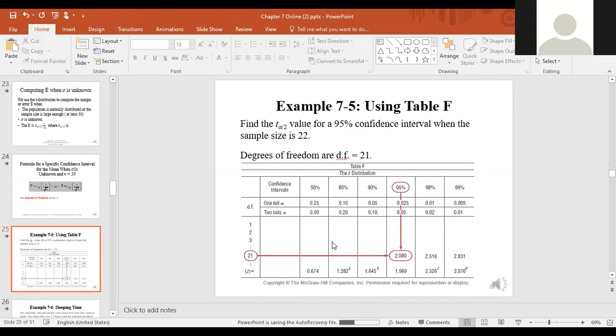And you come to this table. If you have your textbook, let's go to the T distribution table.